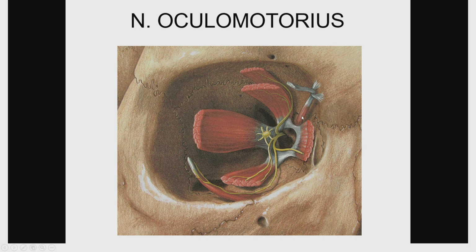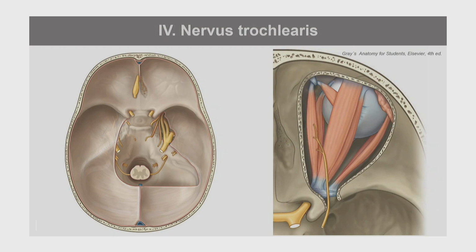We have a special innervation for these two: the superior oblique by the trochlear nerve, and the lateral rectus by the abducens nerve.